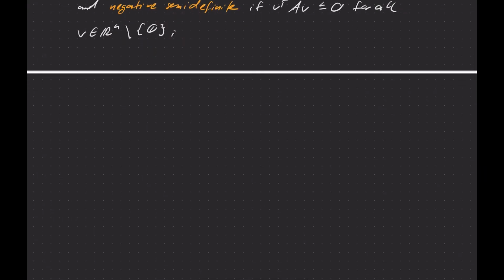And finally, of course, there are matrices that are neither positive definite nor negative definite. So there are vectors where this product is positive, and there are vectors where this product is negative. And those also get a name to round things off. Those are called indefinite.